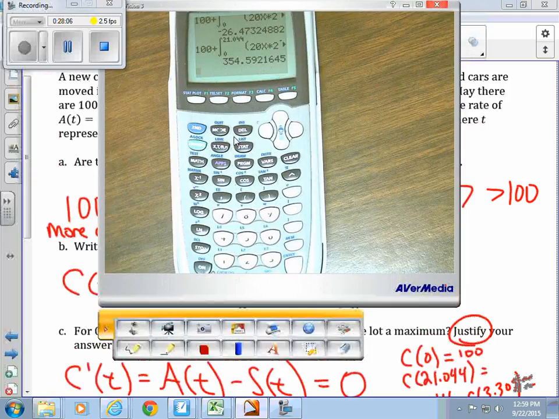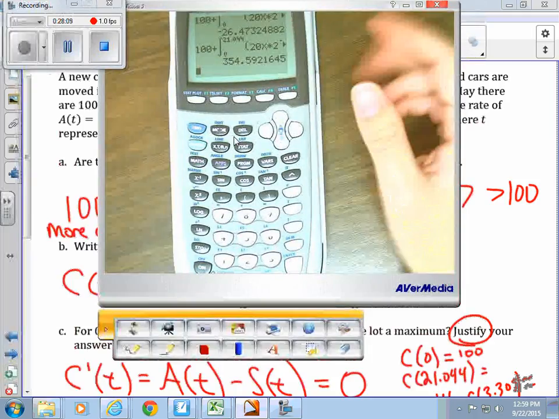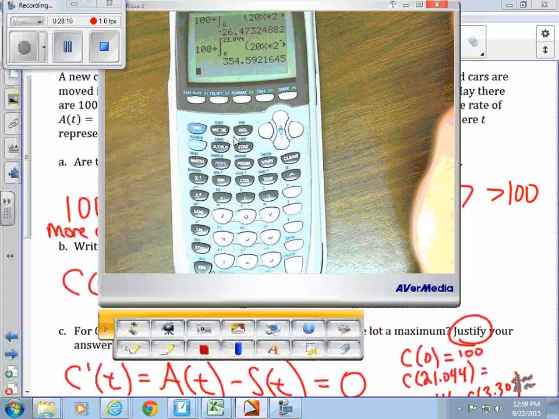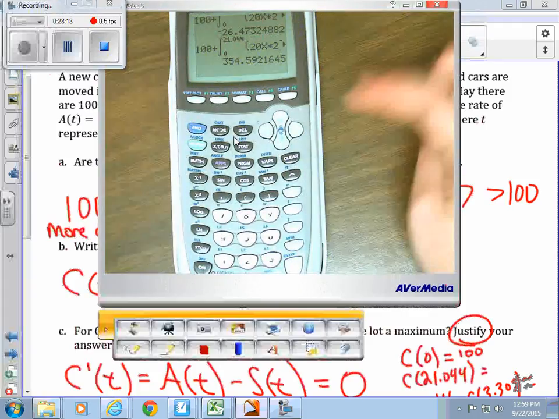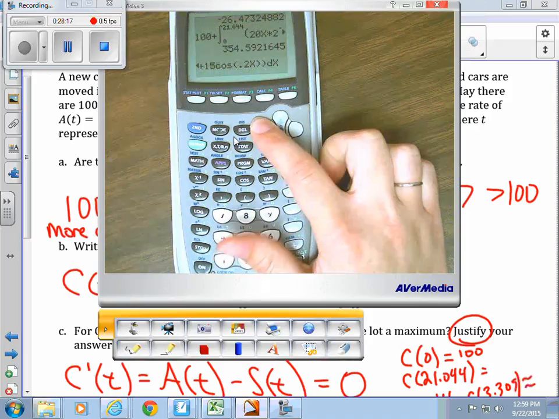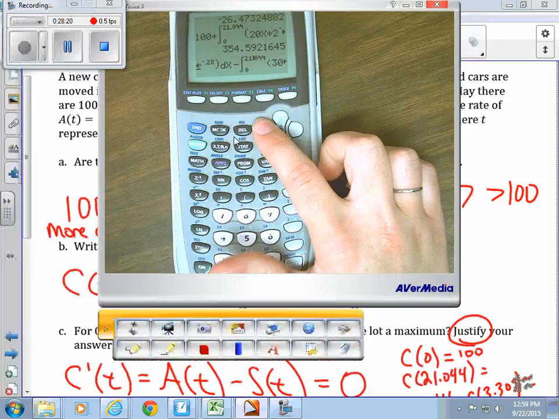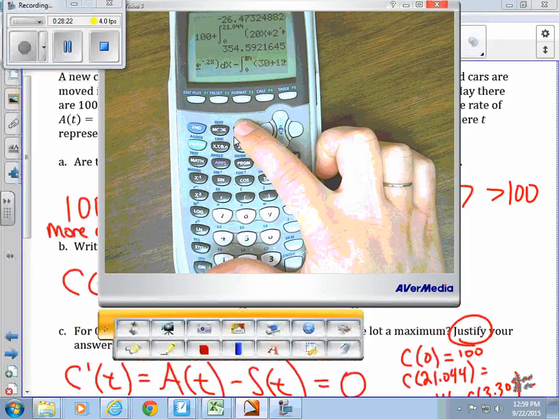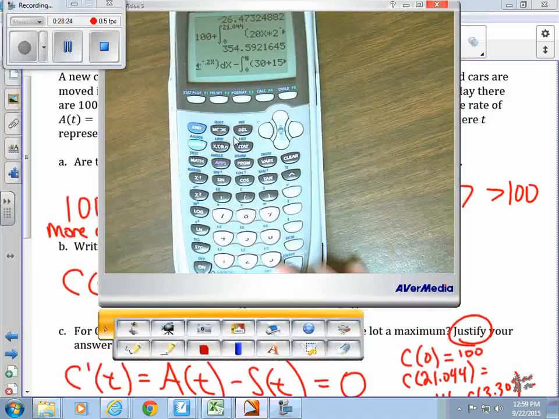Now to do the other 2, that took me quite a while to type in. I don't want to type it in again, so I'm going to go up and grab it and change the 21.044 to, what am I supposed to change it to? 30?